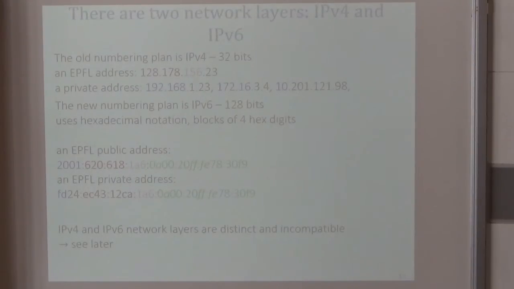Yes? 2 to the power 96. Exactly. 2 to the power 96 more, which is a very, very, very large number. Right? So 2 to the power 32 is 4 billion. So for IPv4, there are 4 billion addresses. When this was done, it was believed to be astronomically large, but now that everything has an IP address, and there are close to 8 billion people on Earth, 4 billion is too small.